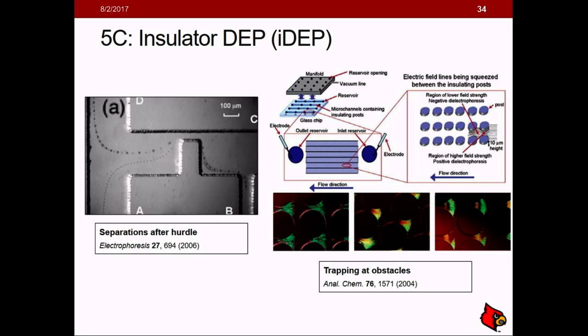So, for example, with the illustration here, say you have your electric field that's applied, say, through the channel, and the electric field, as it comes through, constricts just like the fluid constricts here and then expands out. So you have your high gradients at the constrictions. And for this particular case that's shown in the illustration, you have negative dielectrophoresis.